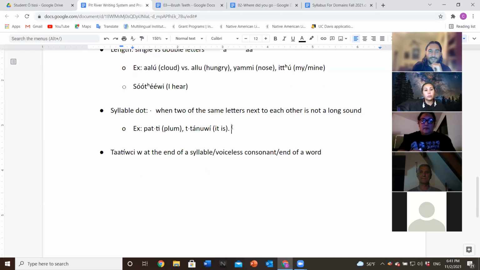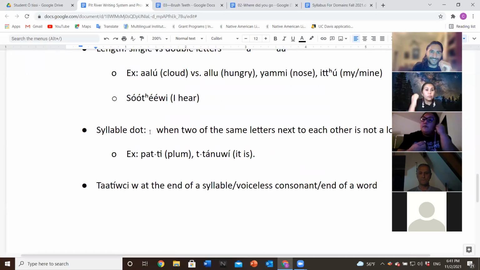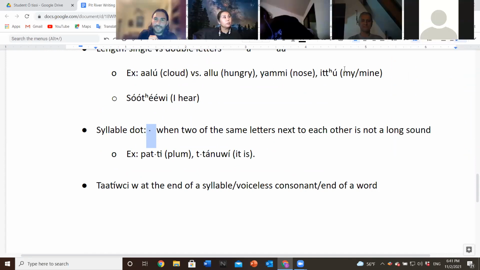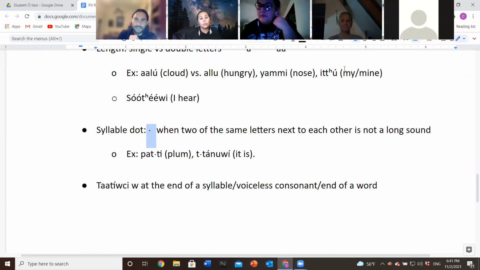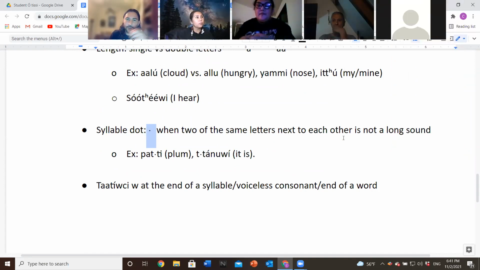Okay, and next up we have this little syllable dot. I'll build it up a little more so you can see it. There's a little upside down triangle dot. This doesn't show up a lot, but it's there.